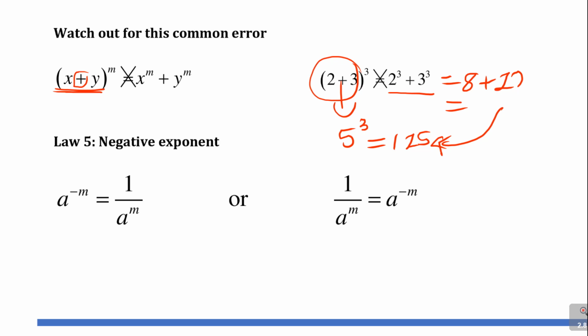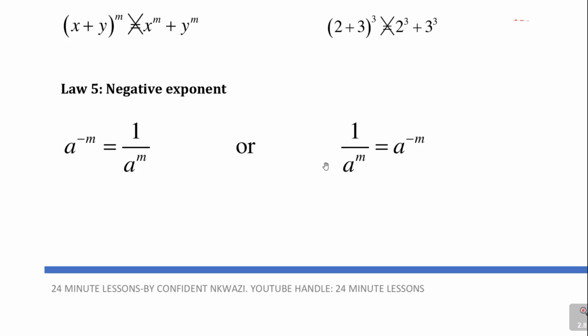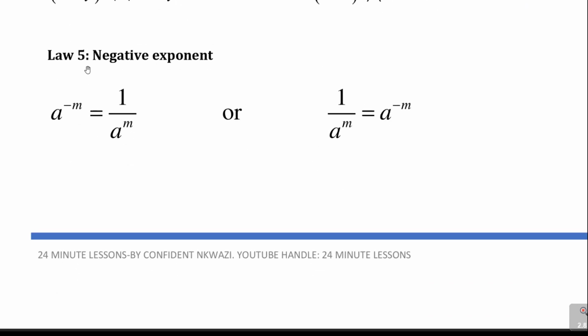Don't use that. Last but not least, it is the negative exponent law. What does it say? A to the power negative m is equal to 1 over a to the power m, or 1 over a to the power m is a to the power negative m. So look at what they're trying to say. If the exponent is negative, very important now, you never did this in grade 8, to get rid of this negative, you say 1 over, then when you write the exponent at the bottom, it is now positive m.